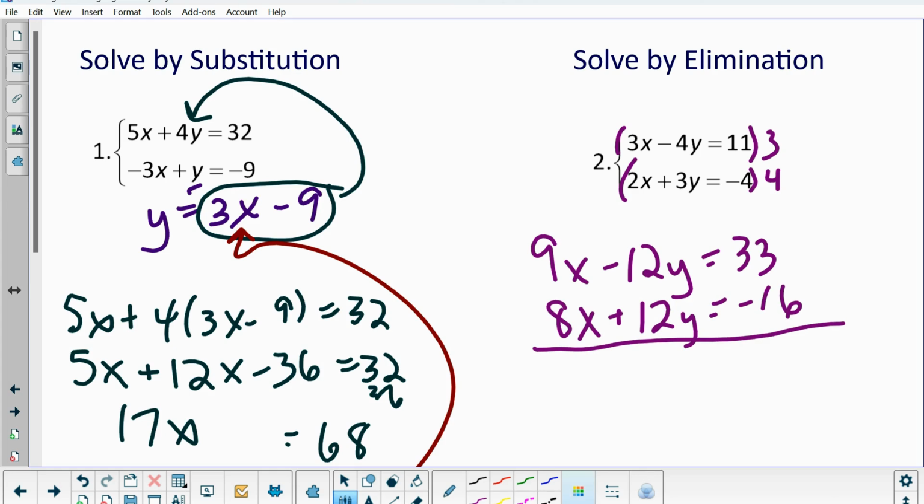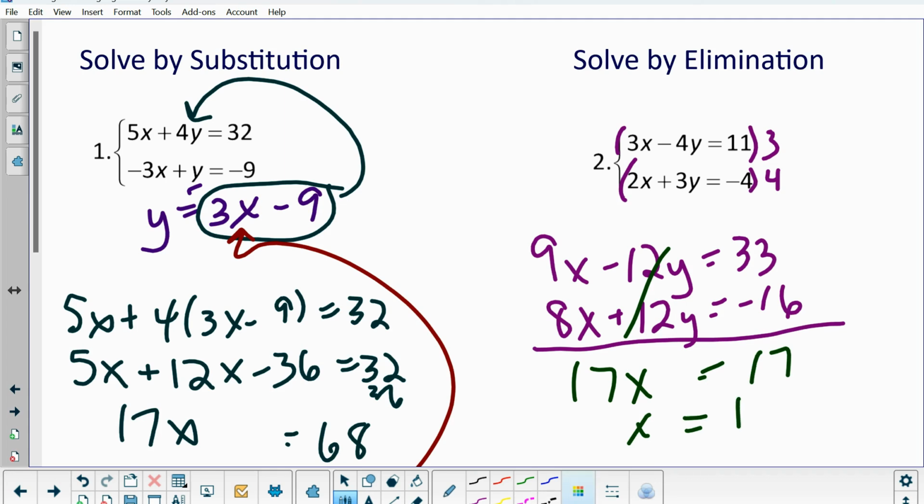And then I add these two equations together. So the whole point is the y's are going to go away here, and I get 9 plus 8 is 17x. And 33 minus 16 is 17. I divide by 17. I get x is 1.